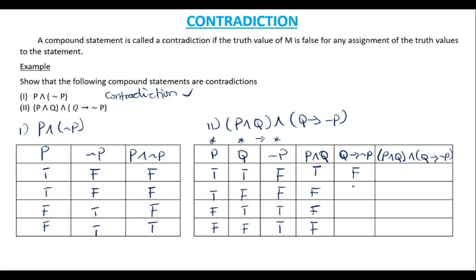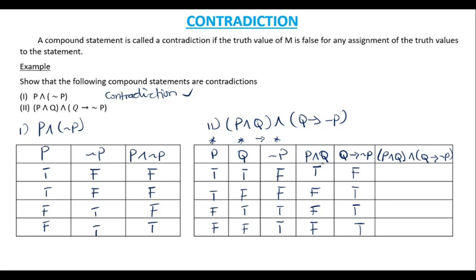False, false is a true statement for implication. True, true is a true statement for implication. And false, true is a true statement. So the only way for it to be false is when the hypothesis, the one starting the implication sign, is true, but the conclusion, or the ending, is false. That is when we have a false statement.